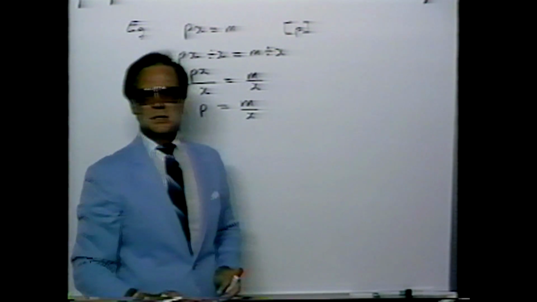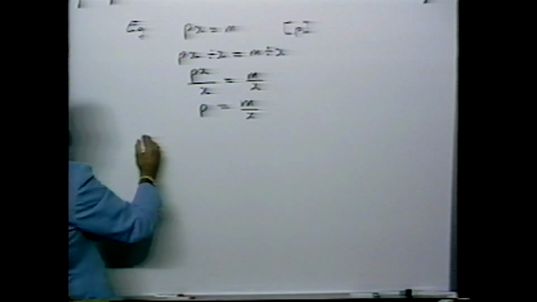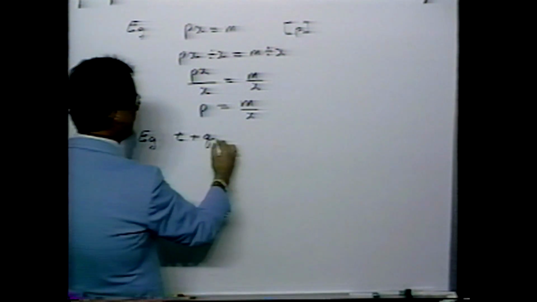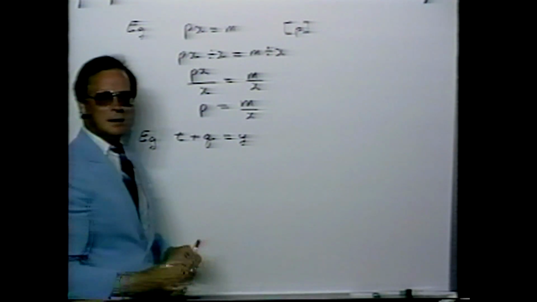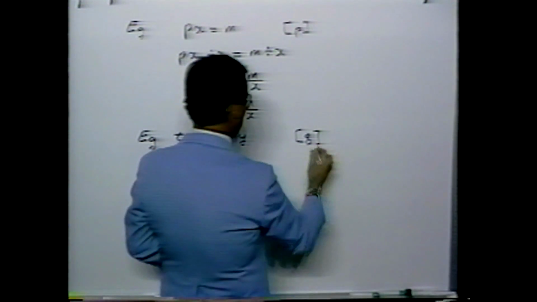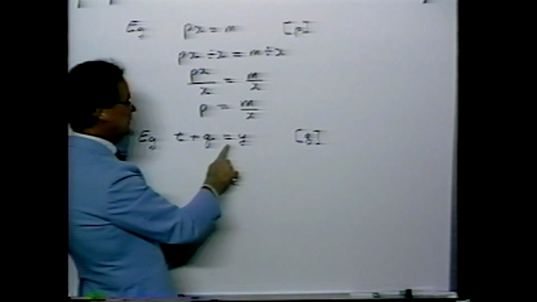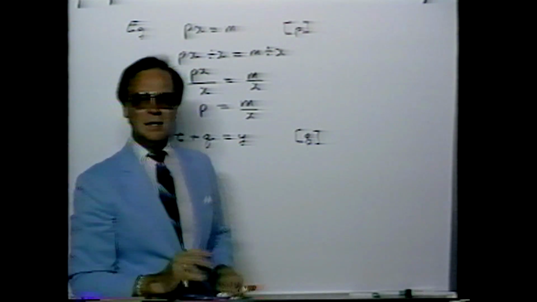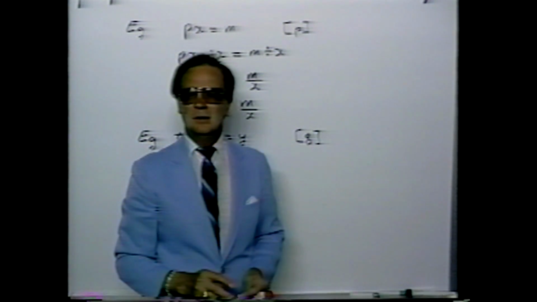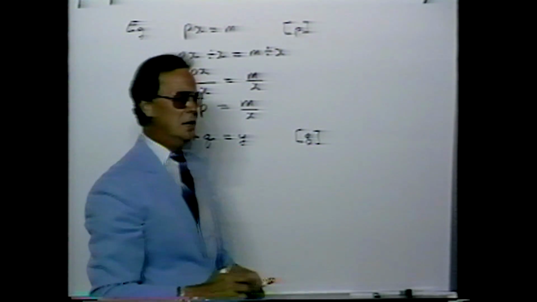The next example, t plus q equals y, and I want to solve for q. To disconnect that operation, to remove the t, we would subtract t from both sides.